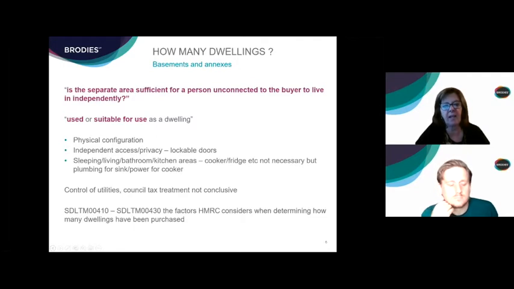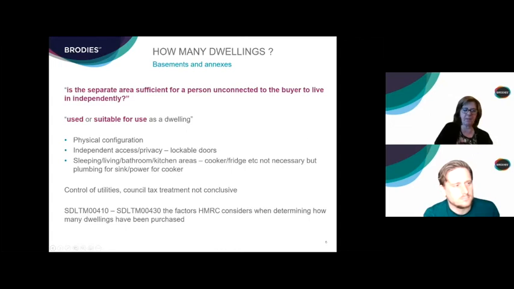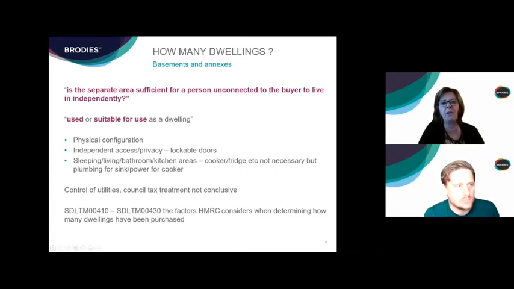And as I say, it comes down to whether somebody independent could live there. There are a lot of situations where there might be a dwelling inside another property, like a flat in a pub or something like that. And it's the degree of independence that's really offered by the separate dwelling that's important. With annexes, it's a fairly high bar if you are trying to argue that an annex is a separate dwelling.